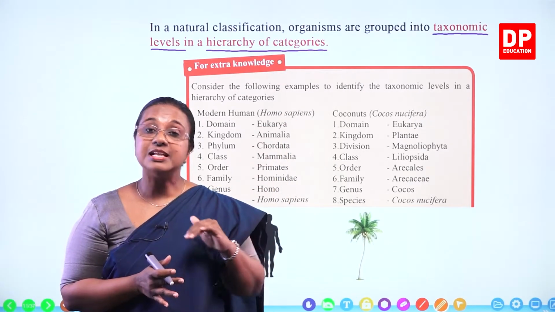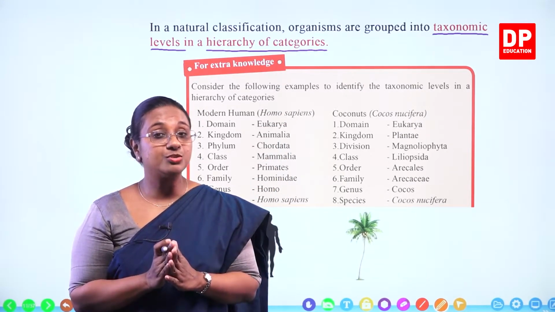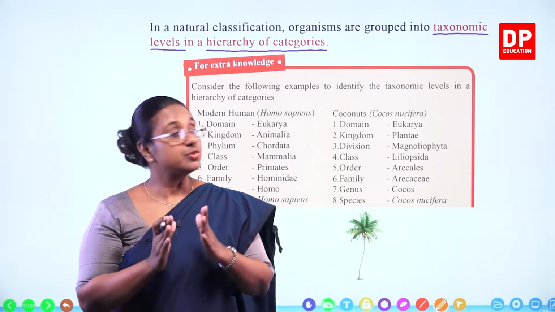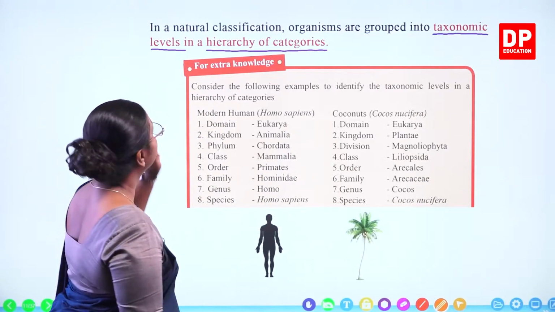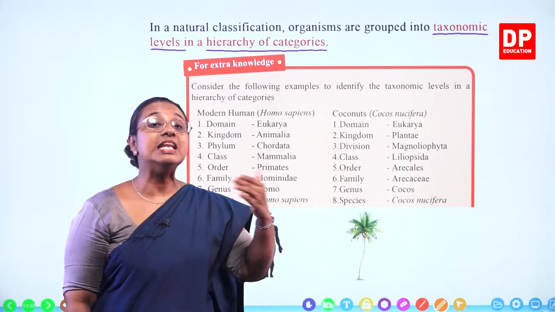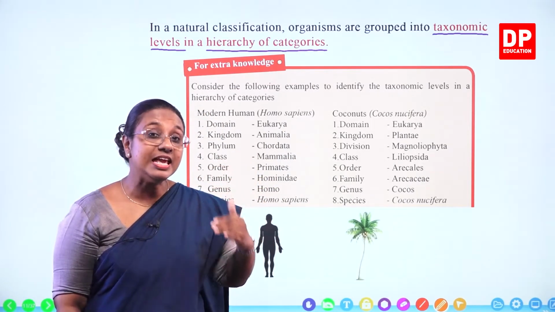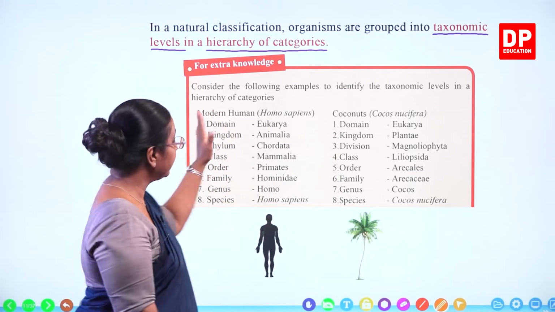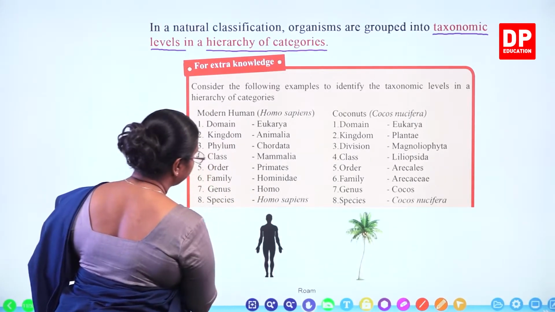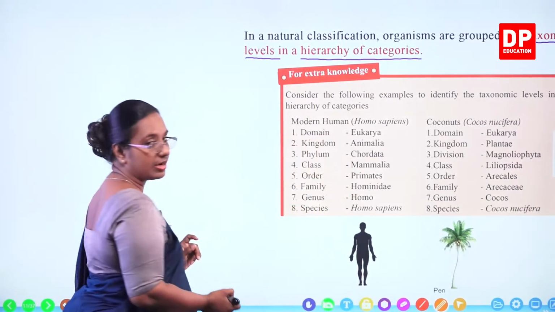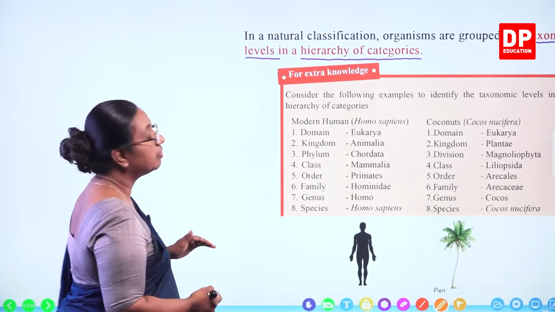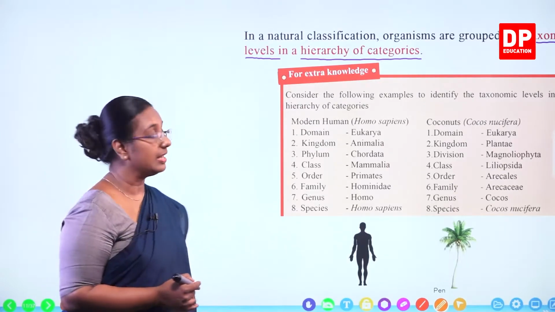So those are the levels that are used for classification. Under that, we call those levels taxonomic levels. So taxonomy, naming. We can name these levels. Those are the names that we are going to consider here. So before I go to the extra knowledge part, you need to know all these taxonomical levels.